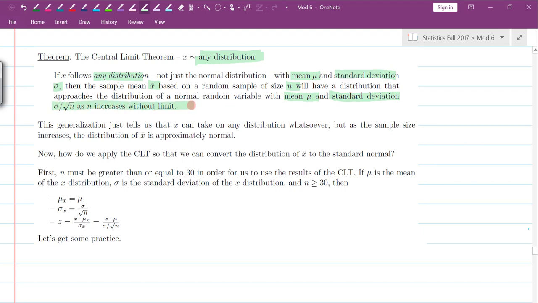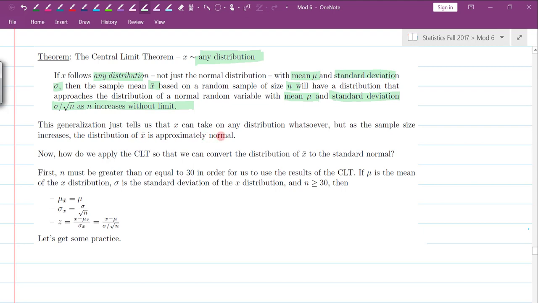This generalization tells us that x can take on any distribution whatsoever, but as the sample size increases, the distribution of x bar, or the mean, is approximately normal. And the larger your sample size is, the better.